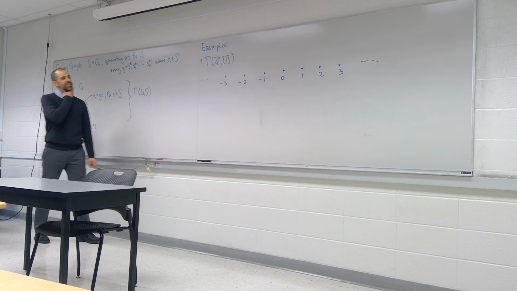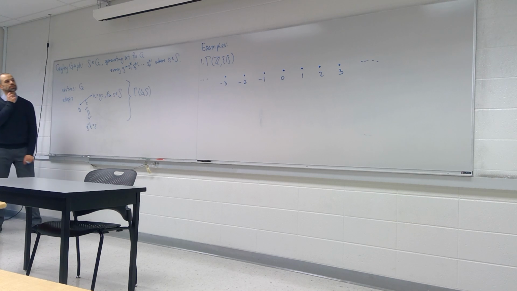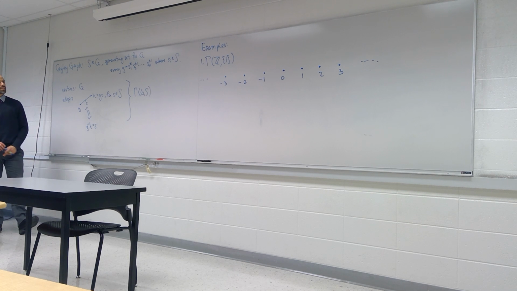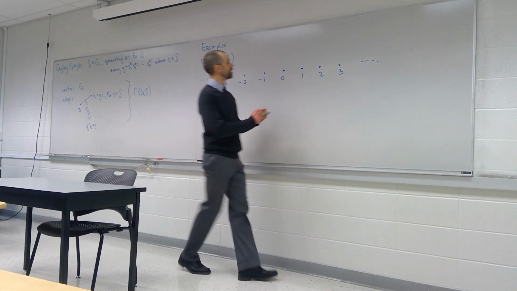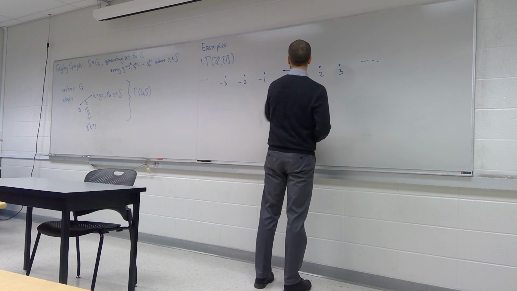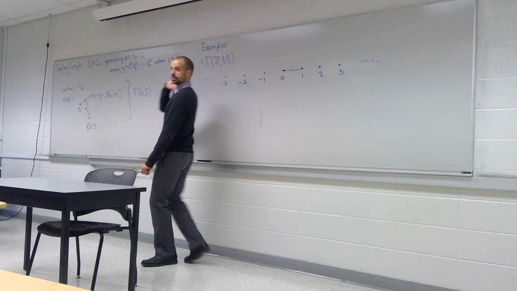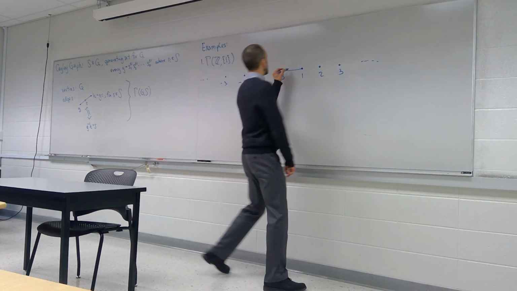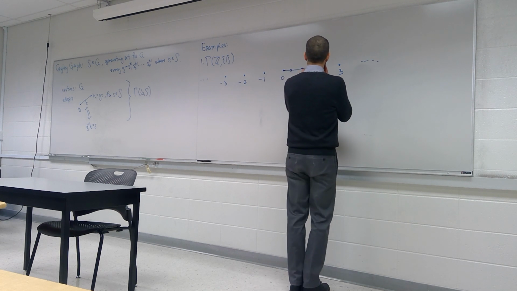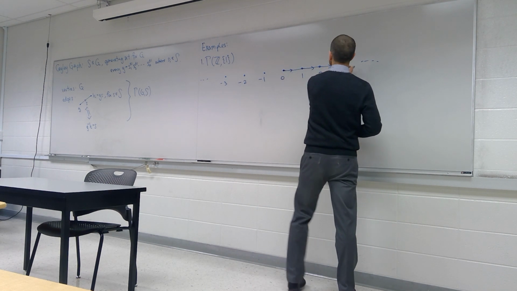Okay, and then I'm supposed to draw an edge from one element to the next when they differ by one of these elements in the generator, which is the number 1. And so the edges that I'm going to get are sort of the obvious edges that are staring you right in the face. There's an edge from 0 to 1, because 0 plus 1 equals 1, and that's my condition. 1 plus 1 is 2, so I get that edge there. 2 plus 1 is 3, and so forth.